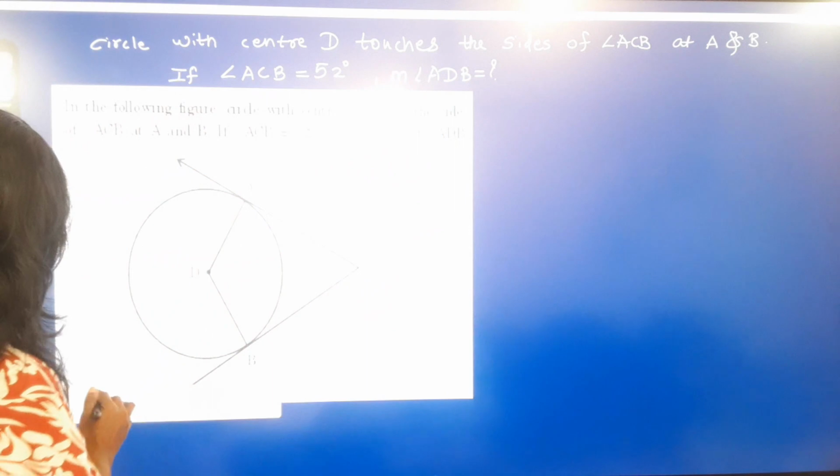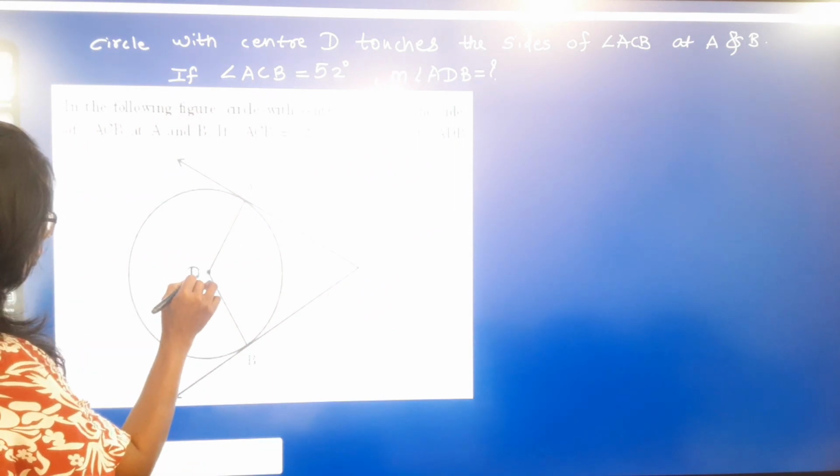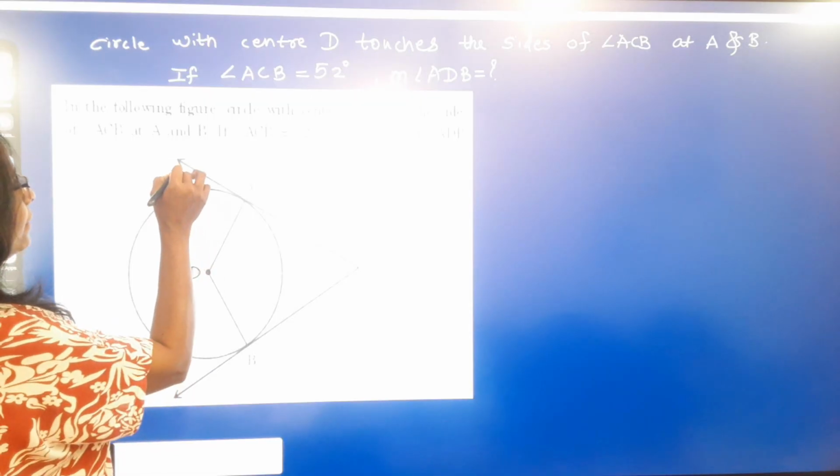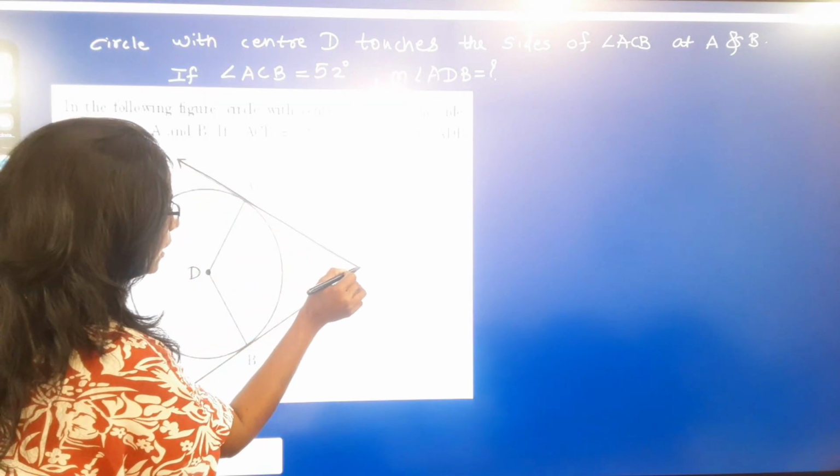So now first you observe the figure carefully. In this figure there are two tangents.